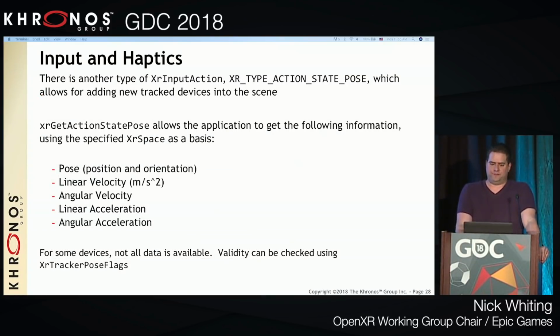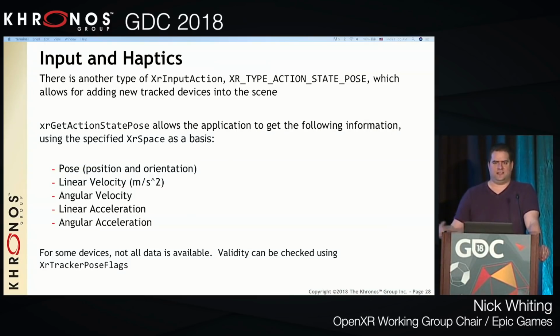There's one more very special type of input, which is actually one of the things that's being debated as of last week and this week, which is the XR action state pose, which is basically just saying this action input is something that has a full pose and that it has a position and a rotation with it. And it could potentially have other inputs such as linear velocity, angular velocity, and accelerations into there.